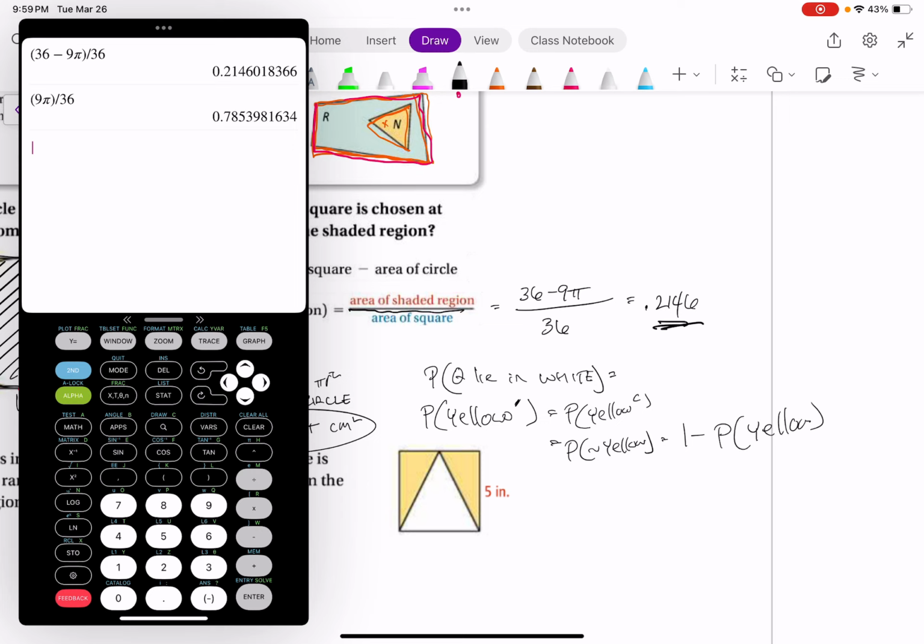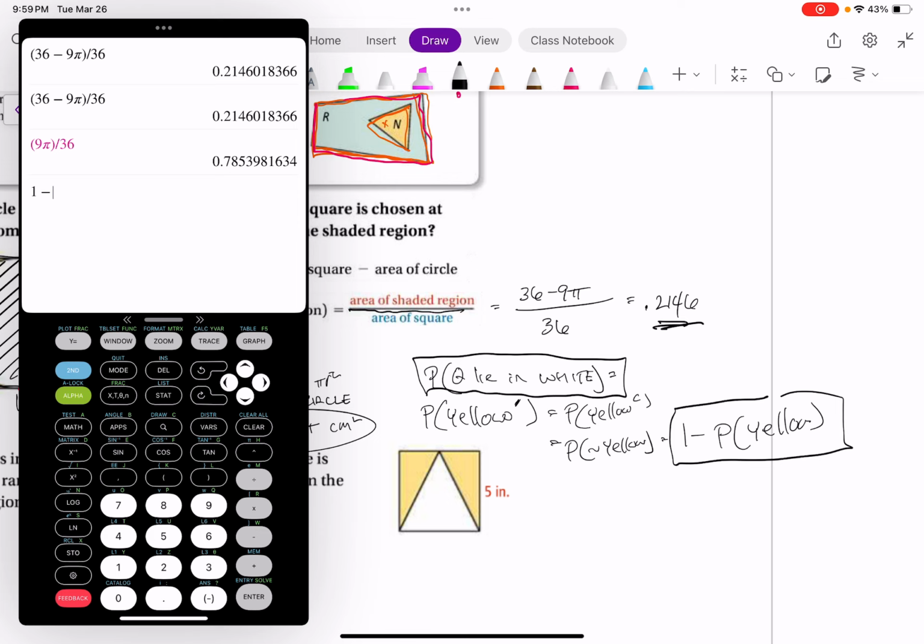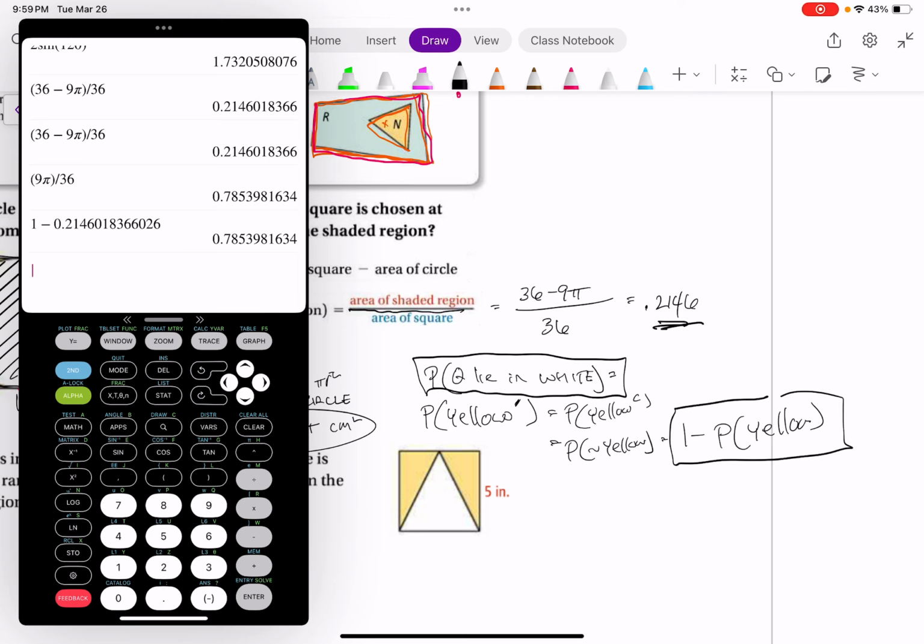So the probability of landing in the white is the same thing as 1 minus the probability of landing in the yellow. Well, this number here was the yellow. So I'm going to take 1 minus, see if I can copy that number, hit enter, copy that number, and I get that number right there, which if you look at that number, that's the same as that number right there. And I found them 2 different ways.